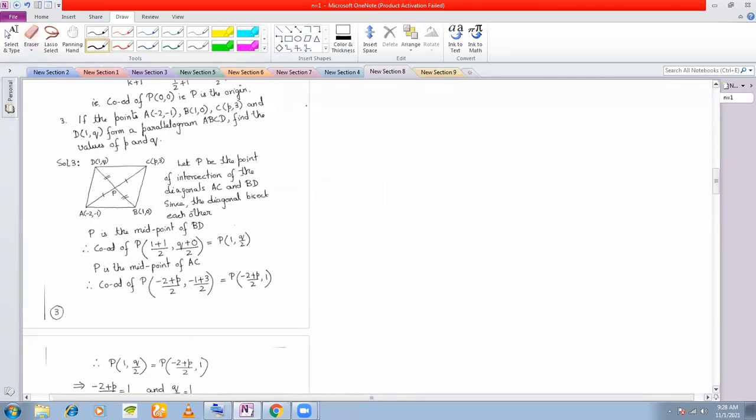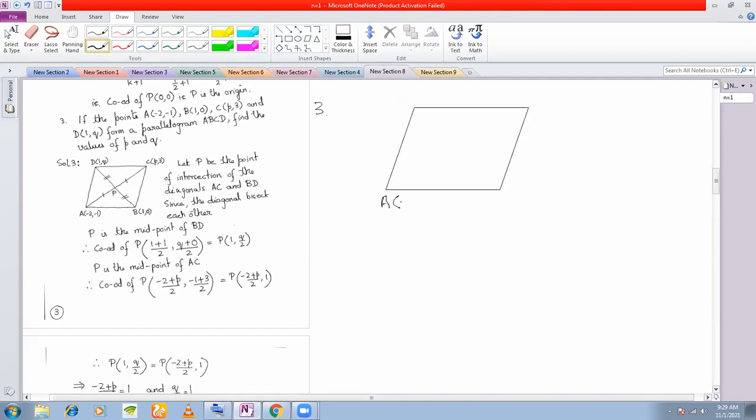Number 3. If the points A, B, C, and D, with coordinates given to you, C and D in terms of p and q, form a parallelogram ABCD, find the values of p and q. Now, this is a very common question that is asked. So ABCD is a parallelogram.